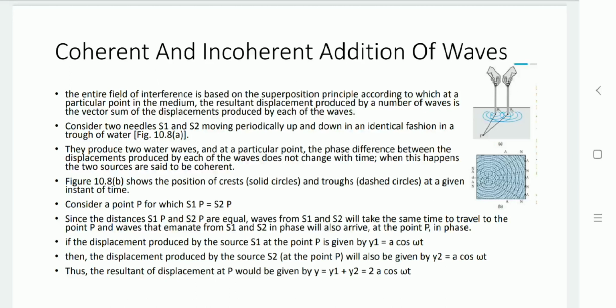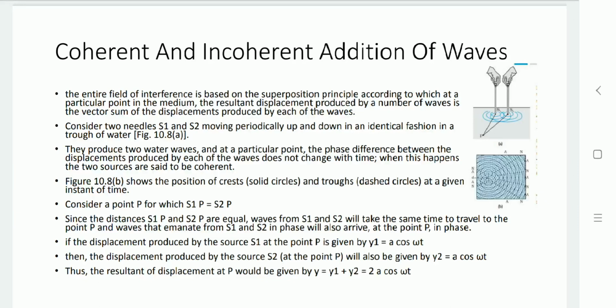As you can see in the diagram, take two needles S1 and S2. These needles move periodically up and down in water, so they will generate wavefronts. Here, if we want to add the waves, we are supposed to use the superposition theorem.